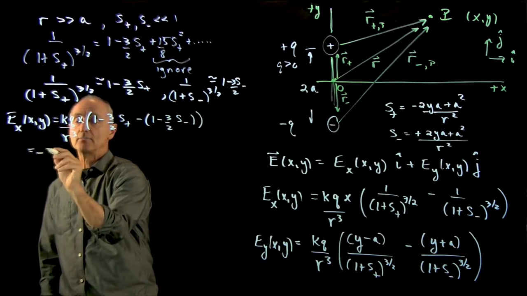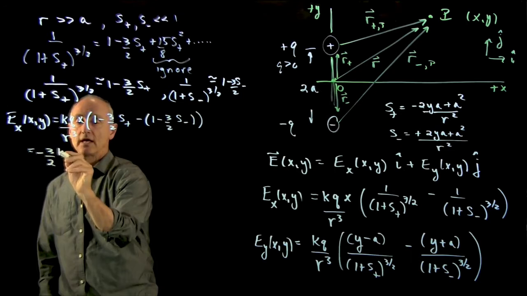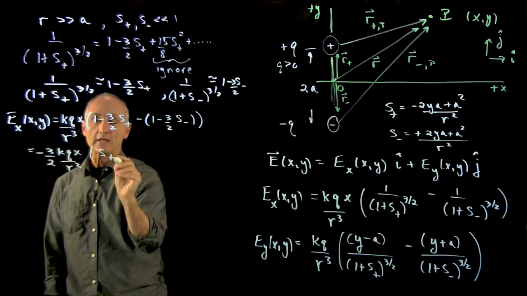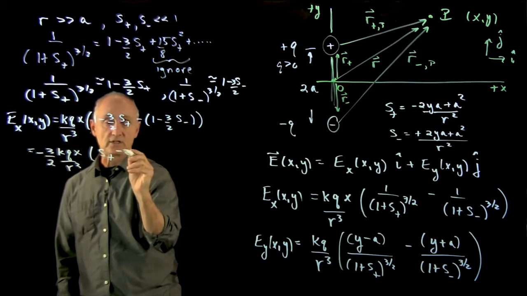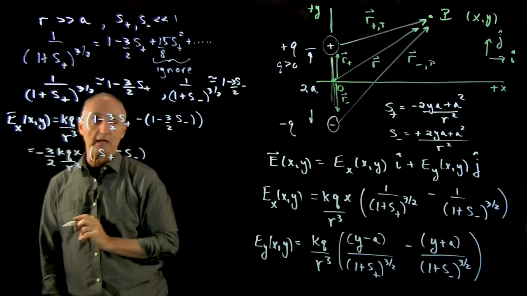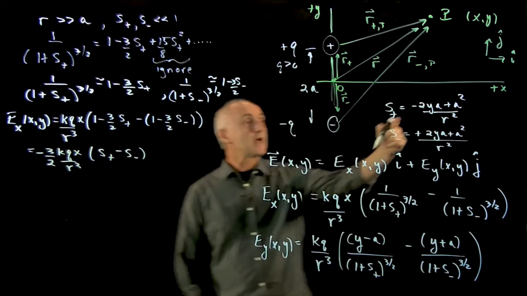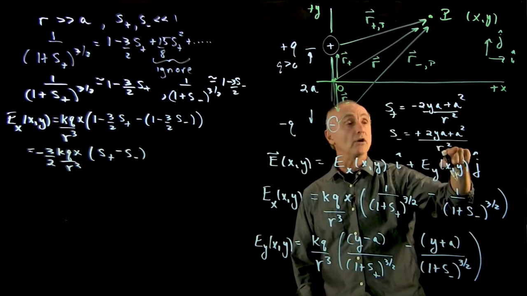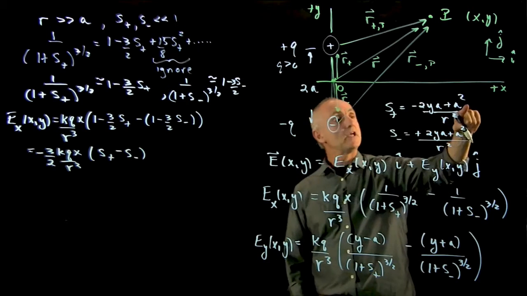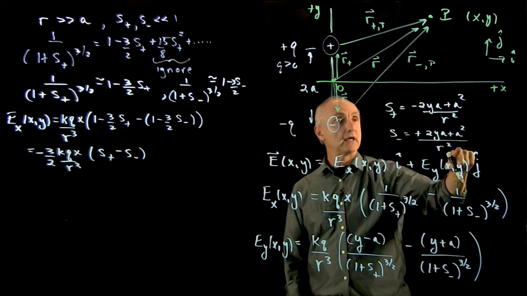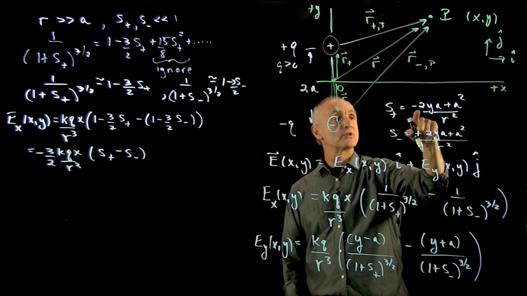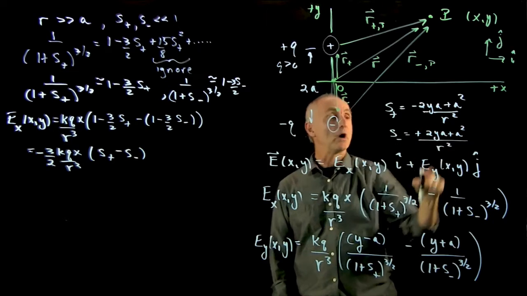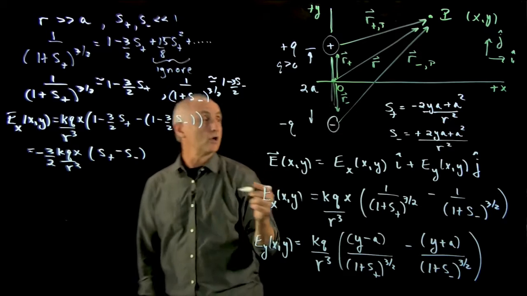And we can write that as minus 3 halves kq x over r cubed times s plus, that's where the minus is, minus s minus. Now, when we look at s plus minus s minus, which we have over here, we can see that the a squared over r squared terms are canceling. And we just have these first terms, minus 2y a over r squared minus 2ya over r squared.